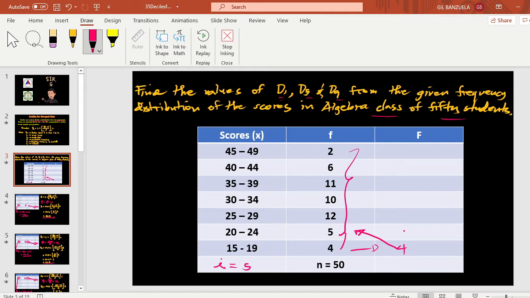So 4 plus 5 is 9, and repeat the process until we end up at the top. 9 plus 12 is 21, plus 10 is 31. Then 31 plus 11 is 42. Plus 6 is 48, and plus 2 is 50. So the sample size and the last value on the cumulative frequency must be equal to 50. I hope that is clear.